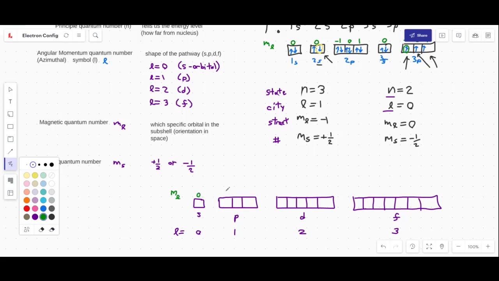If L is 1, it can be -1, 0, and 1, or if L is 2, it can be -2, -1, 0, 1, and 2. Or if L is 3, then it can be -3, -2, -1, 0, 1, 2, and 3. Does that make sense?